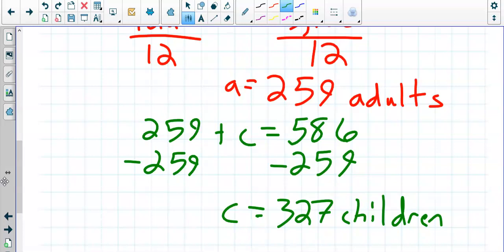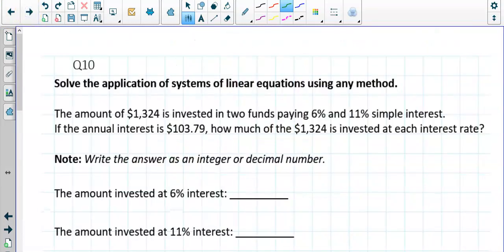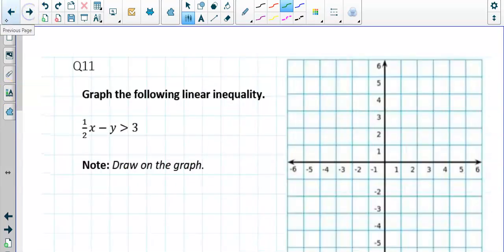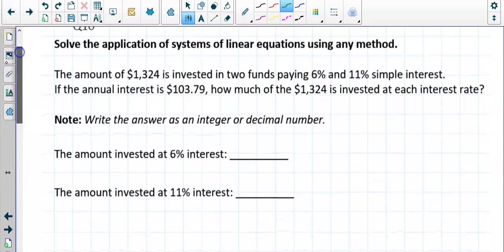No worries. Okay. So, number 10. I believe this should be our last one. Oh, nope. We got some inequalities, but that's all right. Those aren't that bad. So, solve the application of systems, any method again.